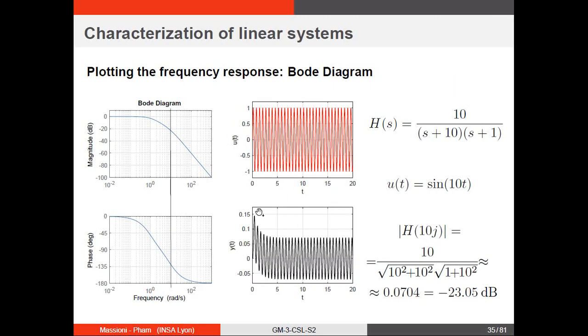10 to the power 1 omega. Okay, so here you see we have approximately minus 20 dB of magnitude of gain, which means 10 to the power minus 1. So if you have something going in of amplitude 1, you have more or less 1 order of magnitude of attenuation, so the signal going out will have an amplitude a little bit less than 0.1.